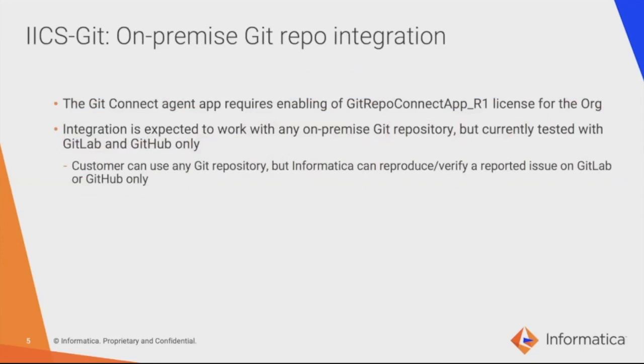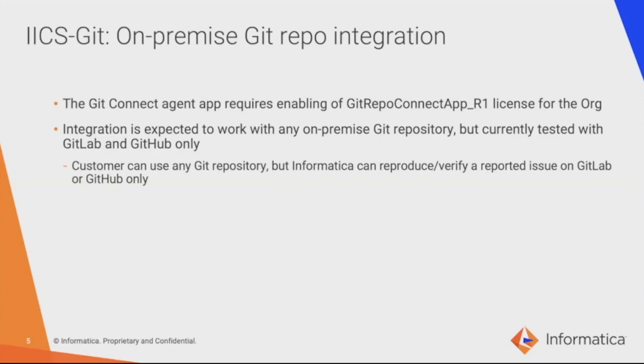Just a quick note on using the on-prem Git repo. You need something called the Git Connect Agent app to connect your on-prem Git repo. You can just enable it in your org, and this would work with any on-prem Git repository. Now, with respect to the generic Git repo I was mentioning in the previous slide, you can still connect IICS to your generic Git repo.